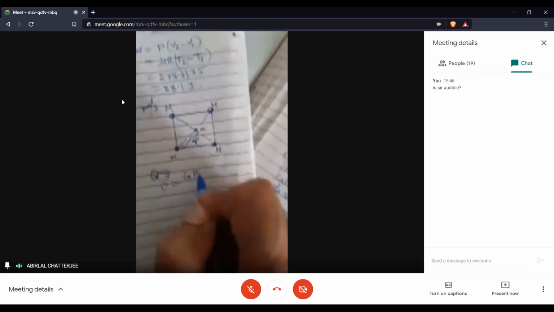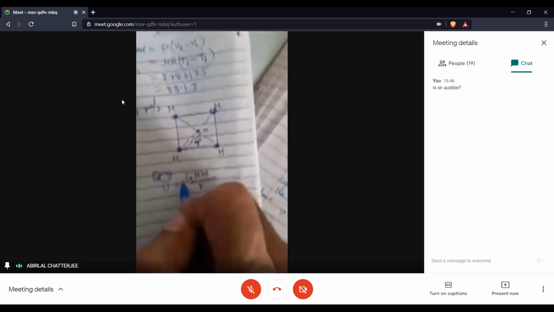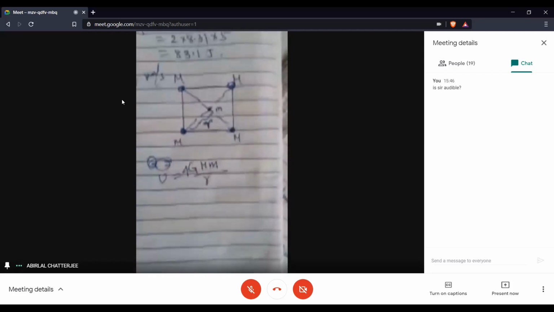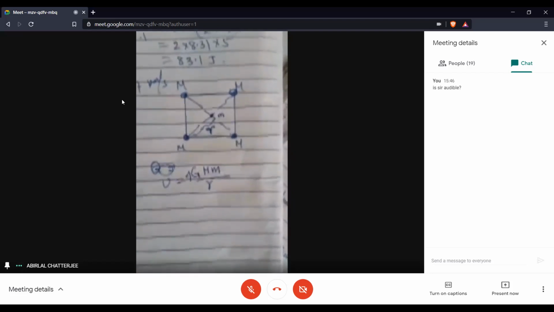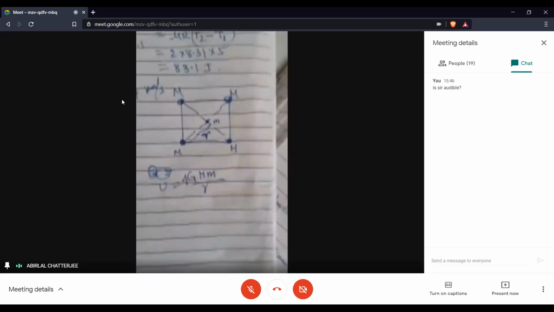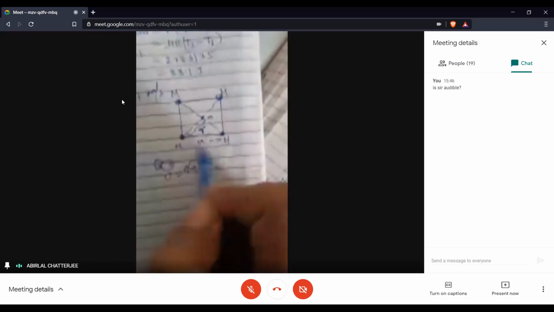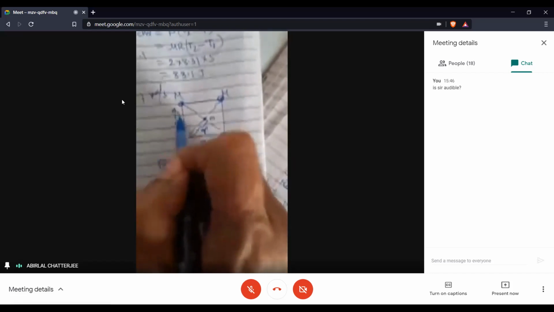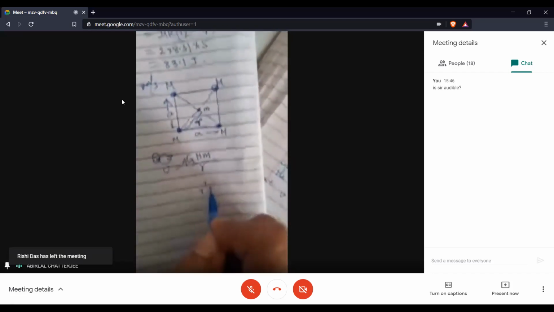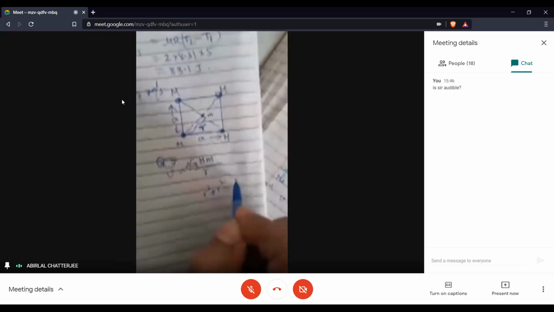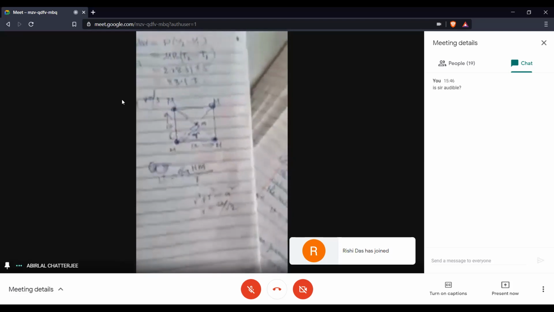Capital G, capital M, small m by small r, and 4 times. Is it okay? Now I have to find out the value of R in terms of the side A. R square plus R square equals A square, so R equals A by root 2.